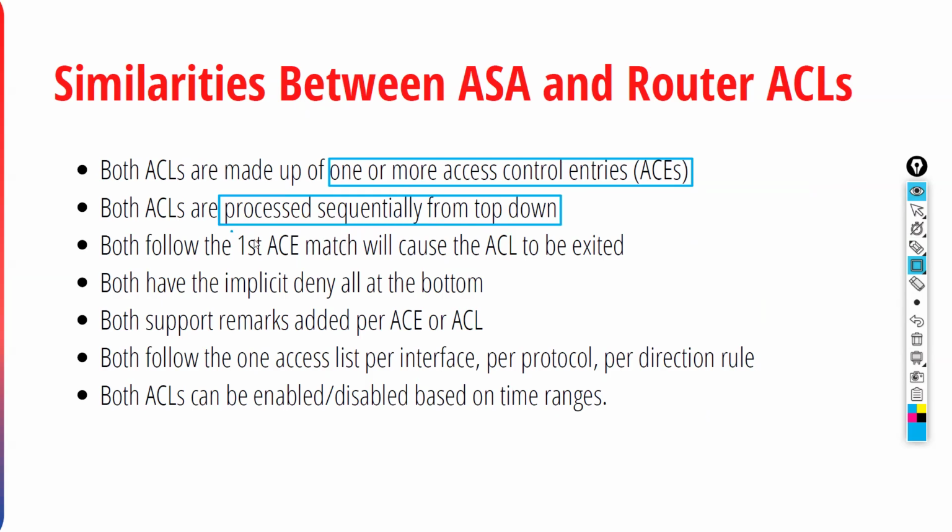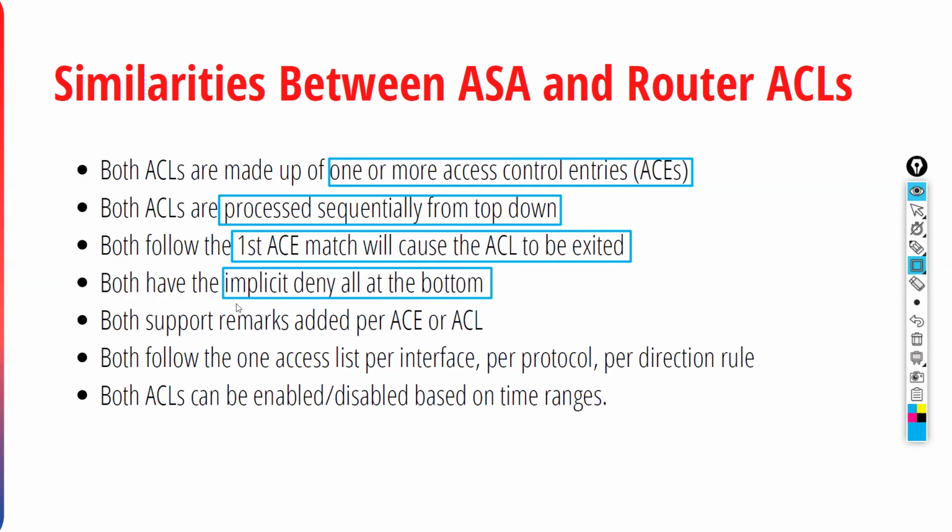And it follows the first ACE match. That means as soon as a condition matches, it will not check the further conditions. It will exit. Then they have an implicit deny at the bottom. Both also support remarks for ACLs, so you can add entries and explain why you are adding them.